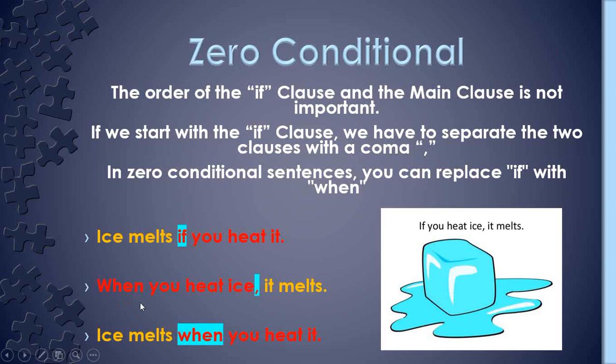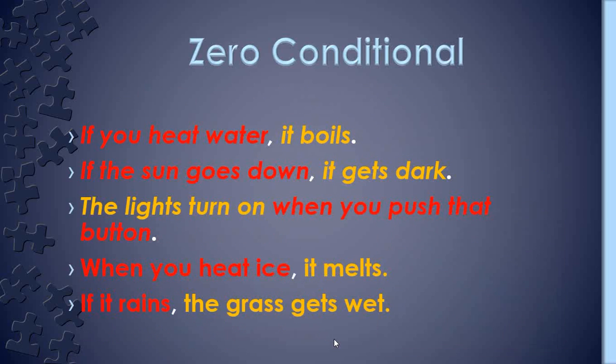But in this example, when you heat ice, it melts. We are using the if or when clause first. That's the reason why we have to use a comma to separate it from the main clause. And the third example, ice melts when you heat it.